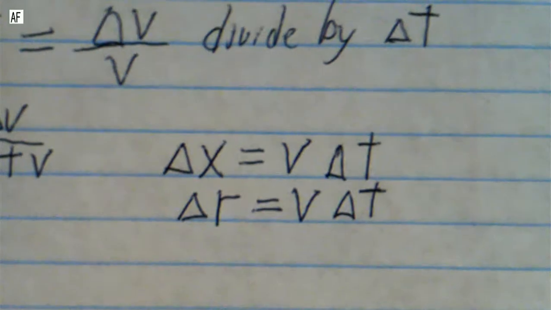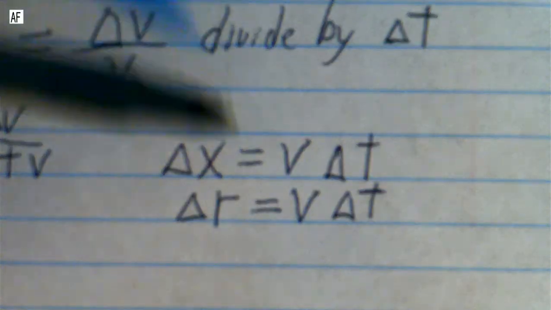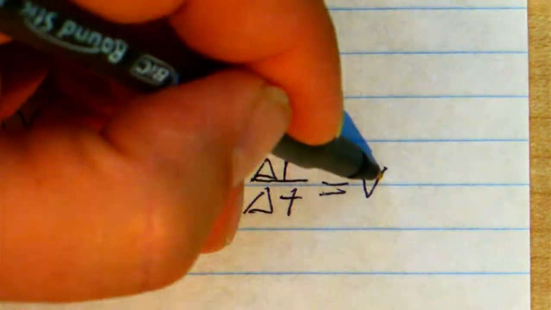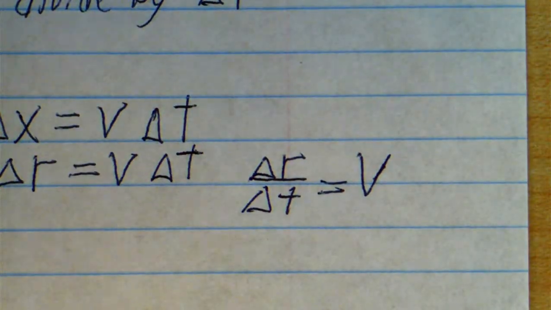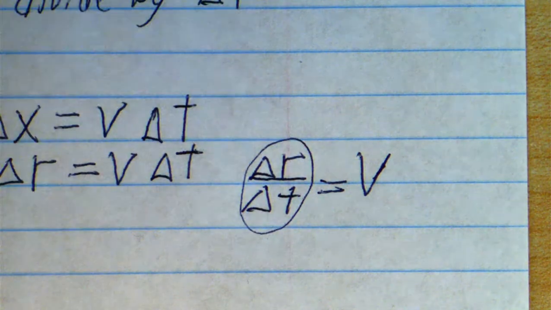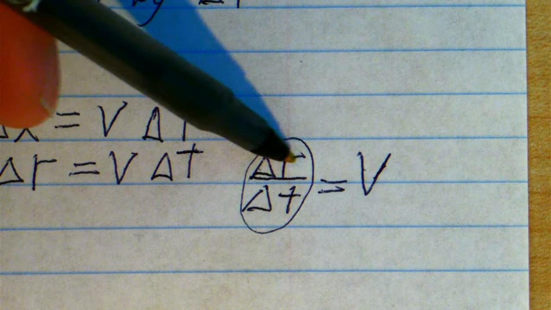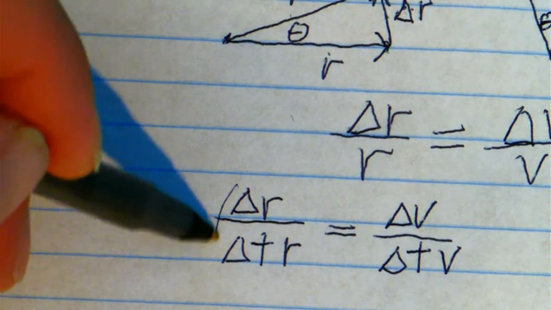So I can substitute delta r divided by delta t is another way of expressing my speed v. I'm going to substitute for delta r over delta t back over here.